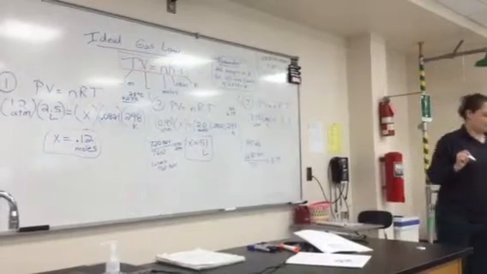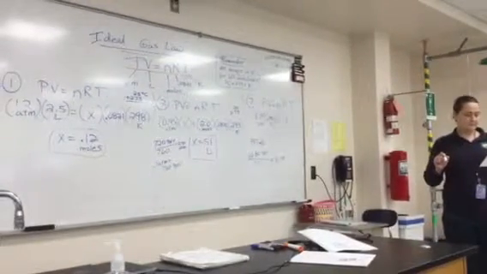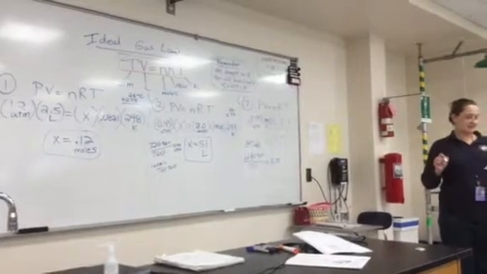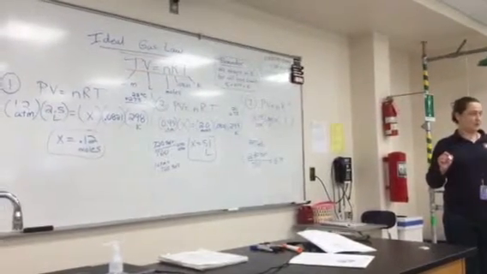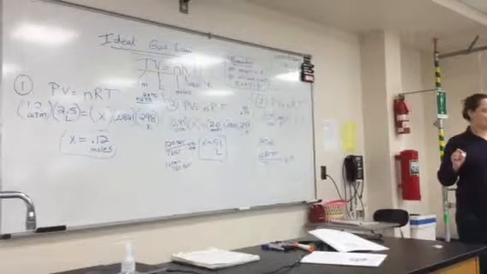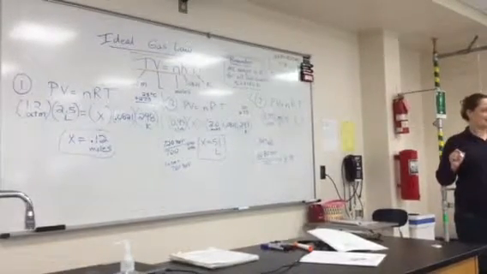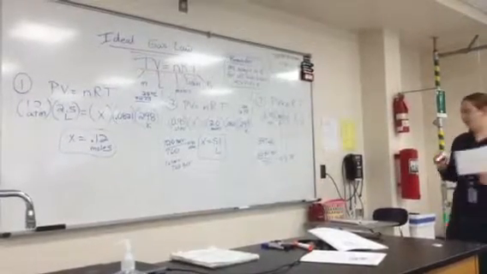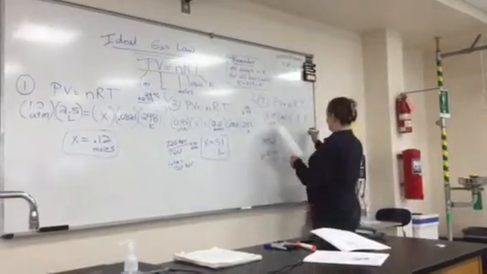Chris, what else do we have in number 7? What number didn't we use yet? 273. We have to add 273 to what temperature? Are you looking at number 7? What's the temperature in number 7? Very good. Okay, Chris has redeemed himself.